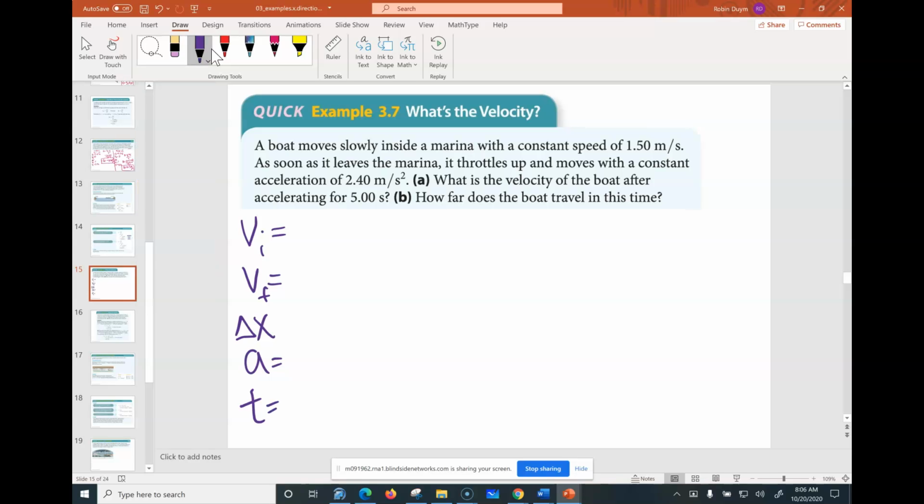We want to know the velocity after it has accelerated for 5 seconds with an acceleration of 2.4 meters per second squared. What's my initial velocity?